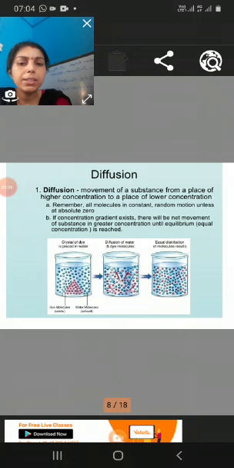Simply, the molecules move from their higher concentration to the lower concentration, and this concentration difference makes the movement random and easy for mixing and reaching the equilibrium.